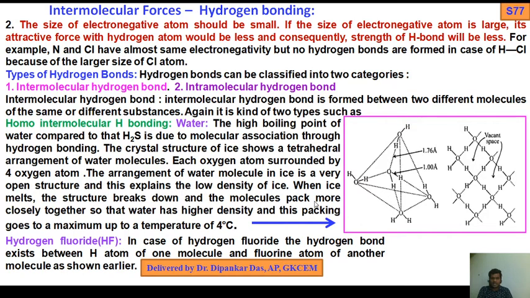and molecules pack more closely together so that water has a higher density, and this packing goes to a maximum at a temperature of 4 degrees centigrade. All of you know, we have studied this at class 10 level, so that's why I repeat this portion.